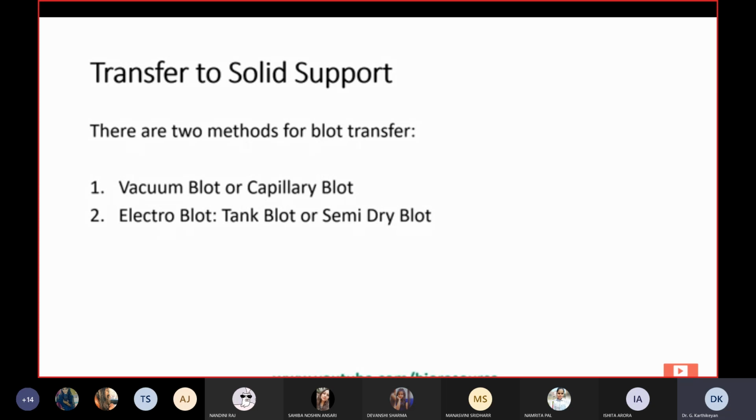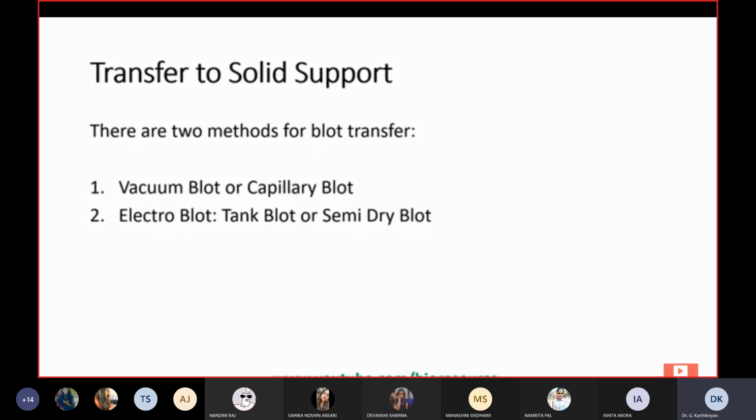The support membranes used are mostly nitrocellulose, nylon, diazo modified cellulose or PVDF. The binding mechanism is based on the cross-linking with single-stranded nucleic acid or strong hydrophobic and charged interaction with the protein. So that is the binding mechanism of the DNA, RNA or the protein to the support membrane.